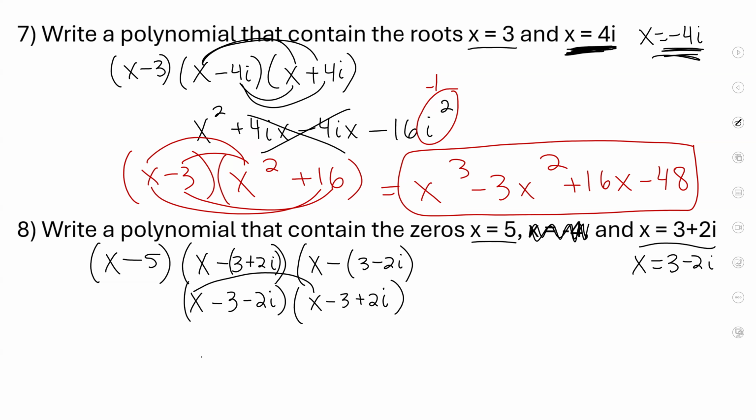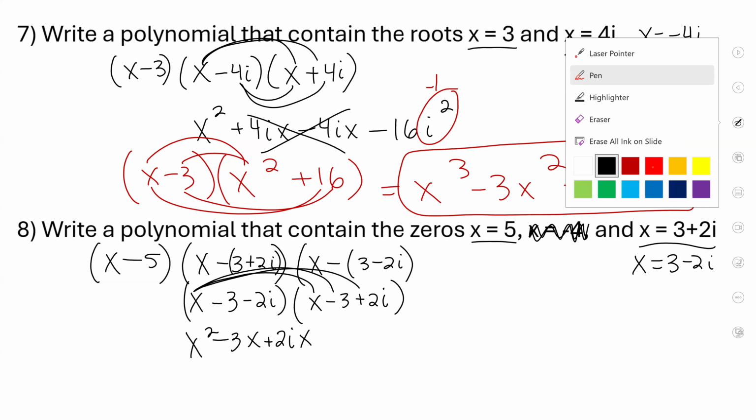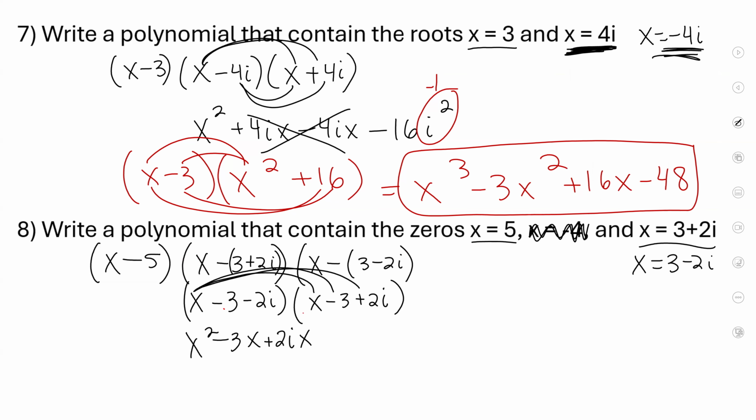x times x is x squared minus 3x plus 2ix. Minus 3x plus 9 minus 6i.